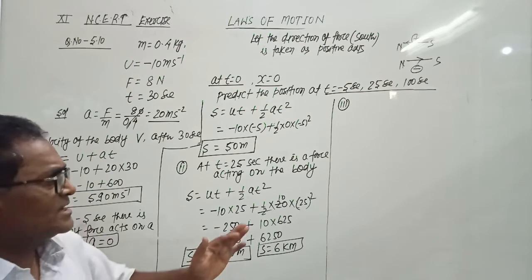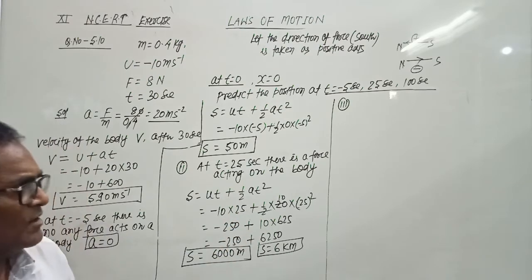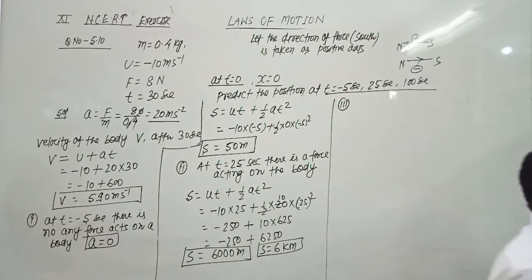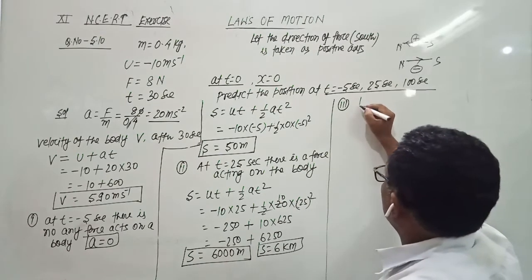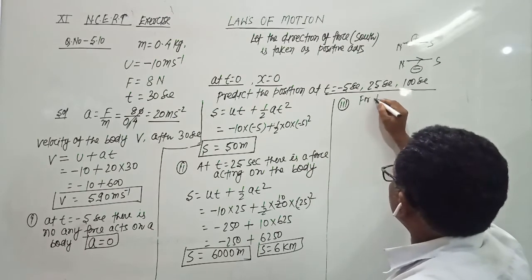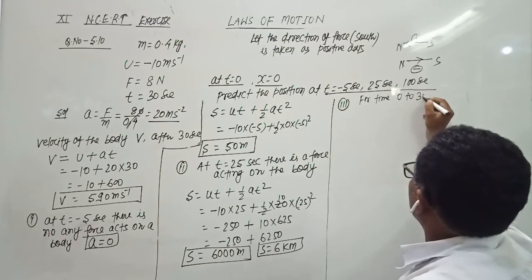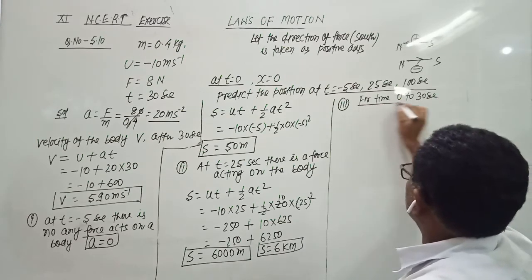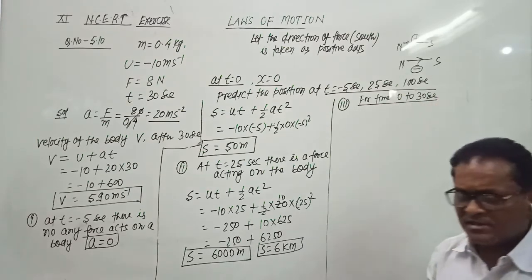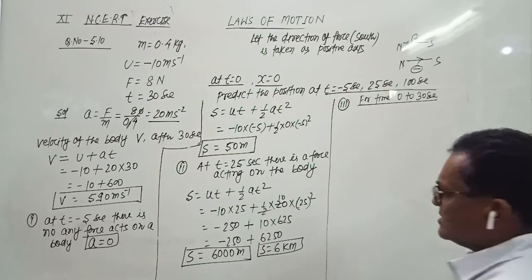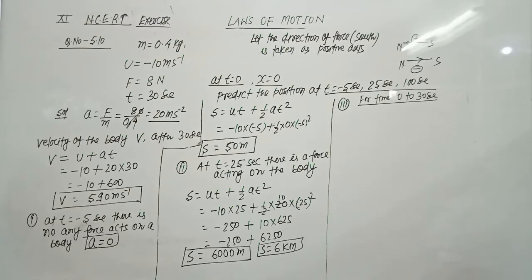Firstly, we calculate the distance covered by the body from 0 to 30 seconds, when the force was acting on the body, because in this duration there is a force acting on the body and therefore acceleration is also produced.